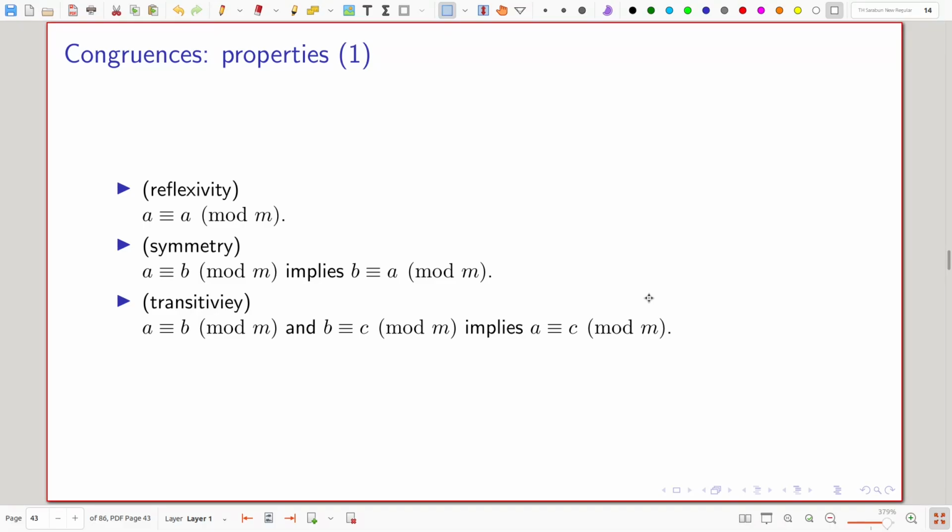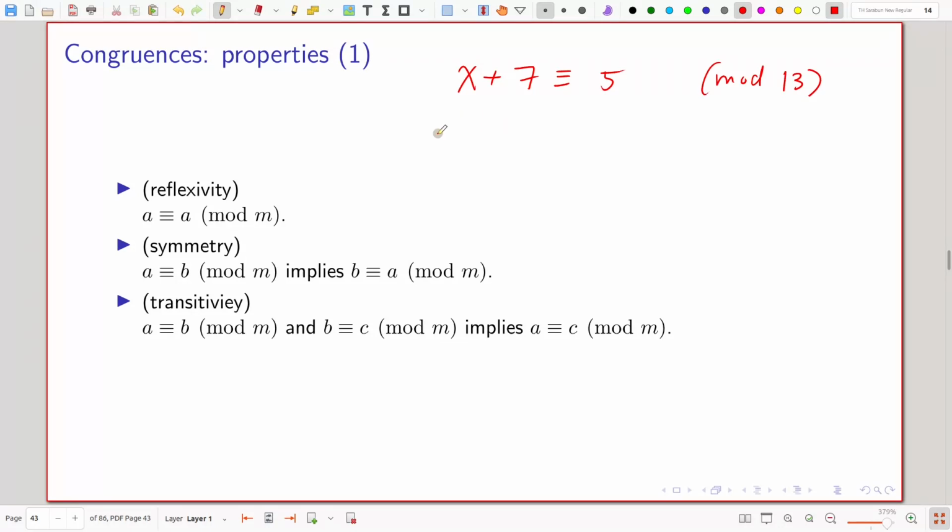So what that means is, if I have an equation like x plus 7 equals 5 mod 13, I can actually solve it. How do I solve this? I just subtract 7, right?